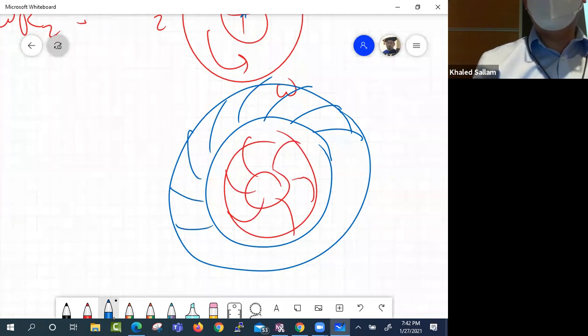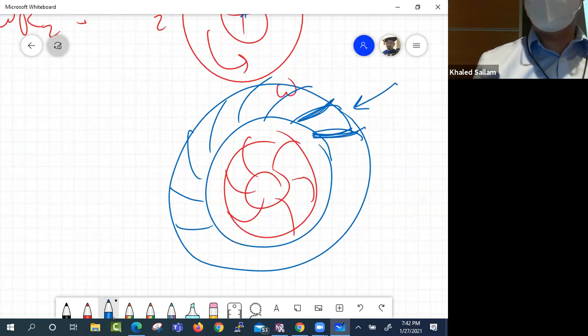The water comes toward them. Actually, it would probably be like this. I'm not doing a good job. So the flow would come radially like this, and it will leave with a spin.